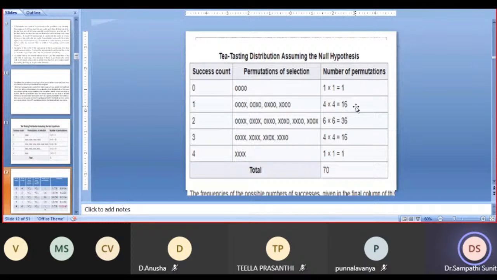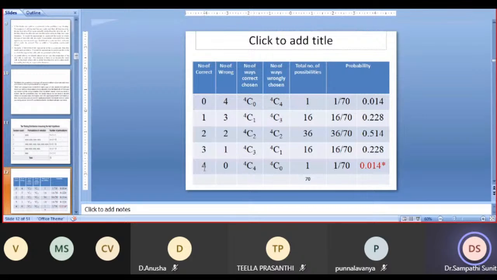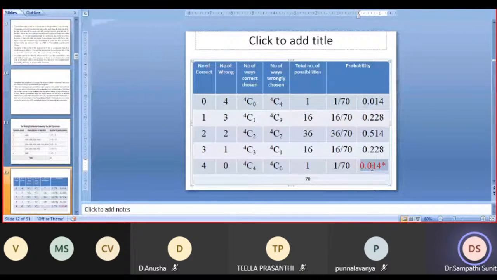So the probability of all correct is 0.014, which is less than 5% error, because I'm erroring only 5% type 1 error. So alpha is type 1 error. So the probability of type 1 error is 0.014, nothing but 1.4% error that is existing.